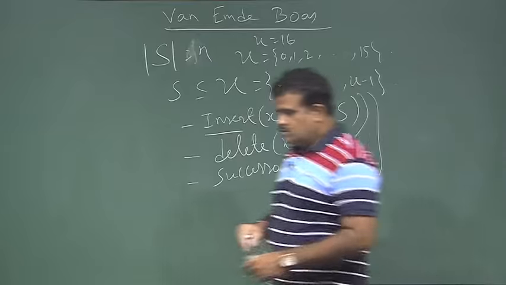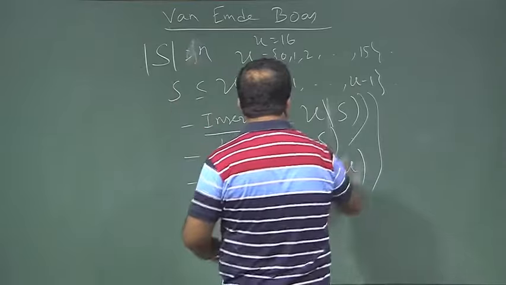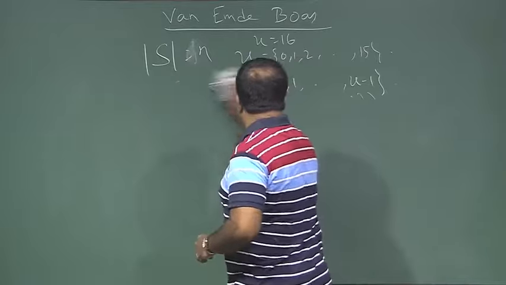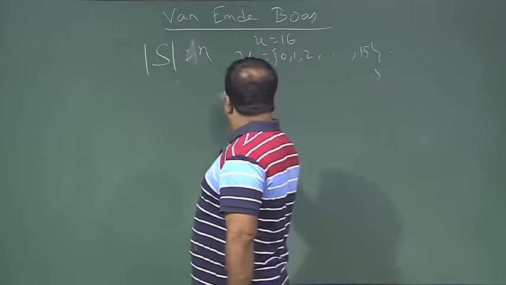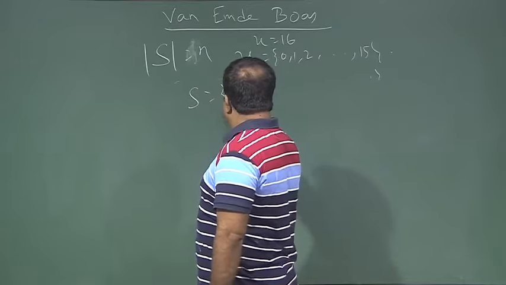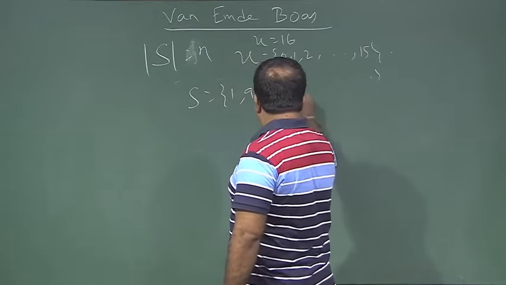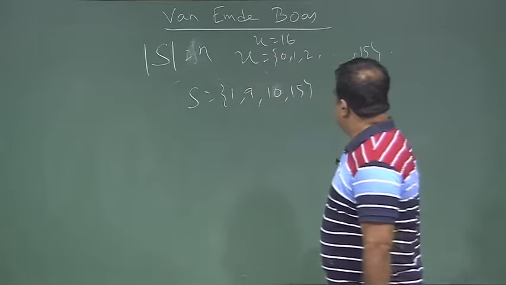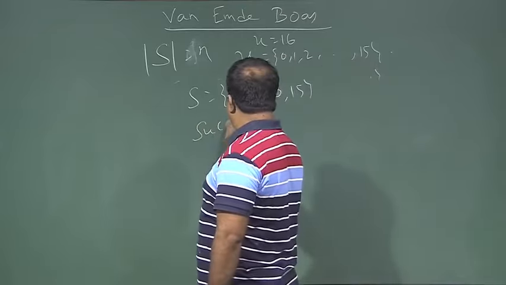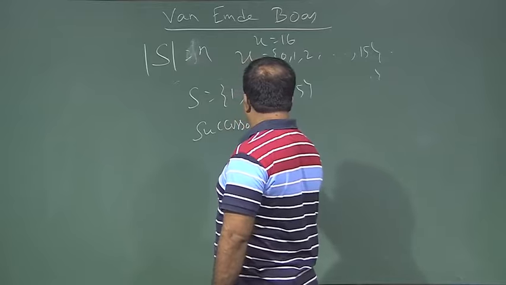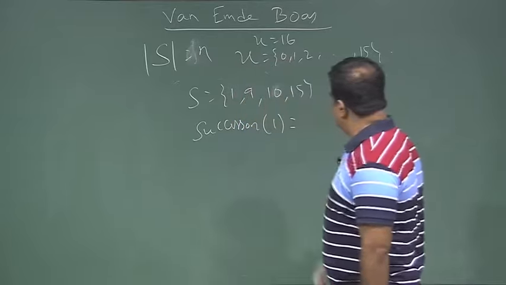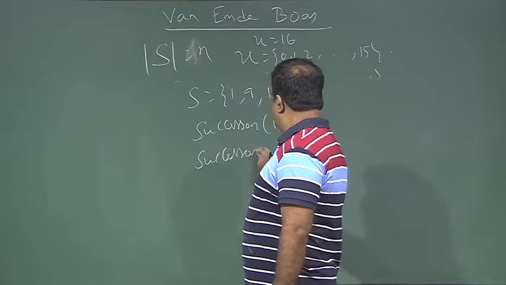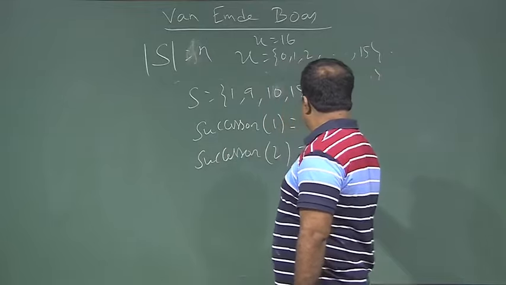Now suppose S is, say, 1, 9, 10, 14, 15 at some point of time. The successor of 1 is 9, and the successor of 2 is also 9.